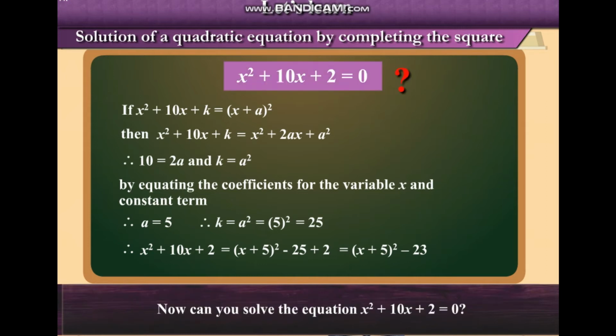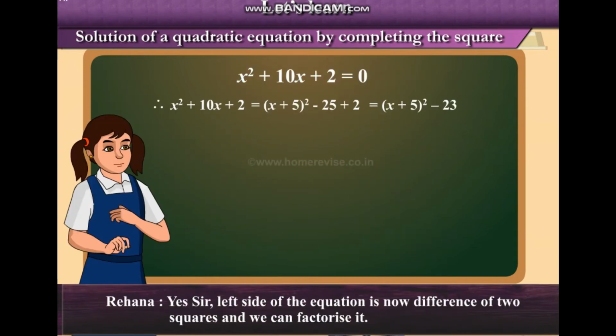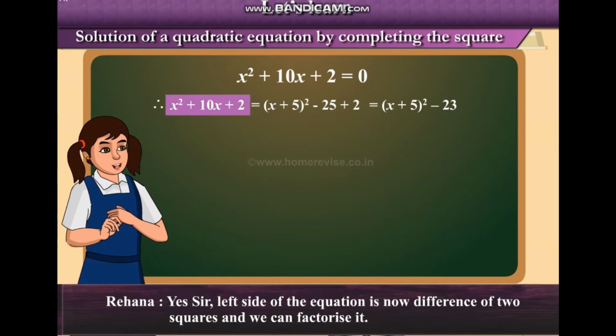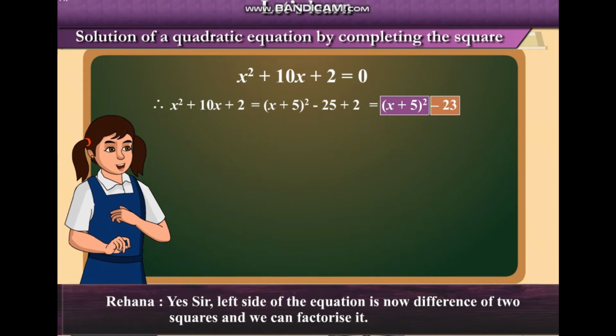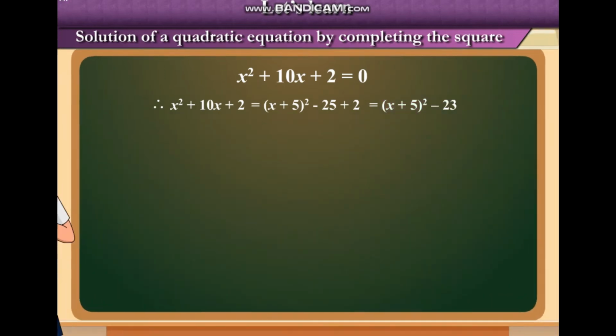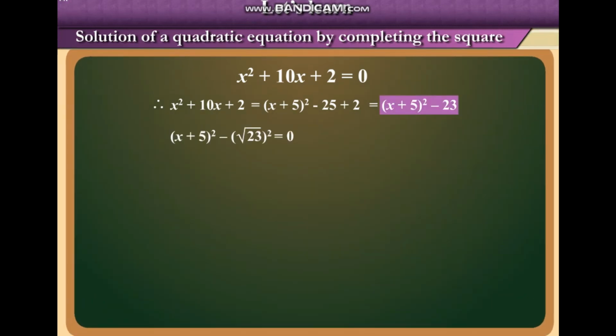Now, can you solve the equation x² + 10x + 2 = 0? Rehana: Yes sir. The left side of the equation is now a difference of two squares and we can factorize it. (x + 5)² − (√23)² = 0.